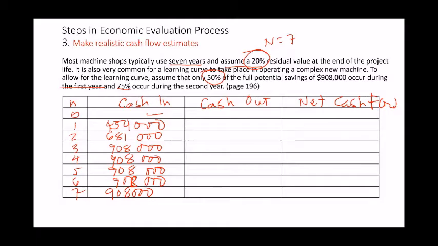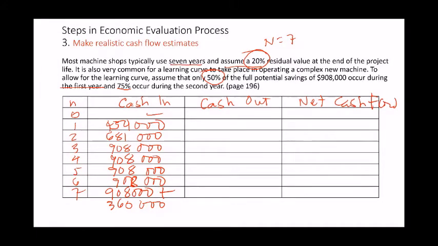But since we have residual value at year 7, or at the end of the life of the machine, we need to add the 20% of 1.8 million, which is 360,000. Okay, so that is our cash in.